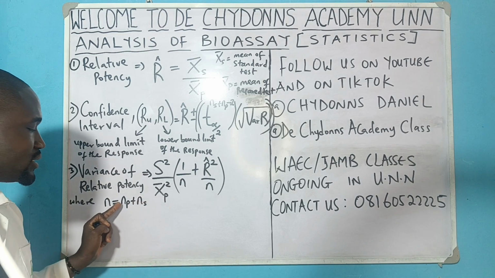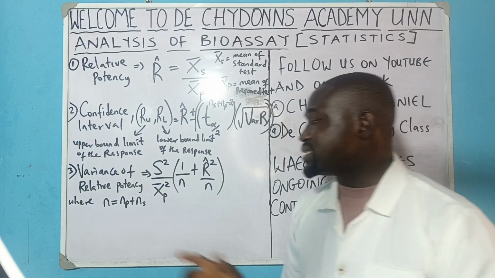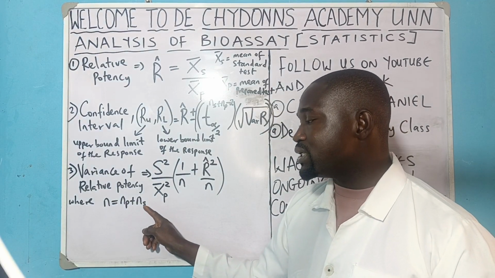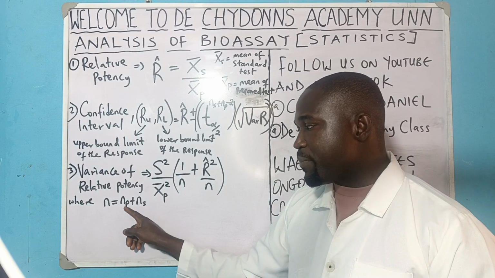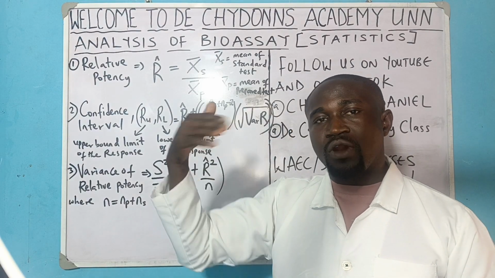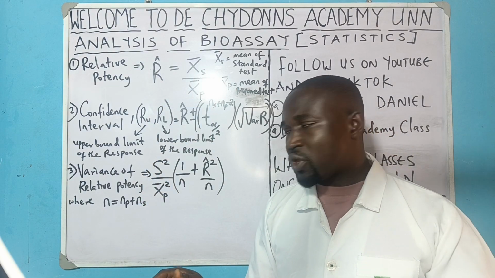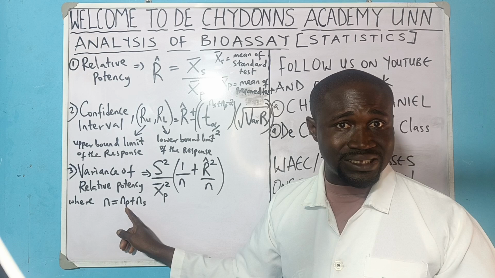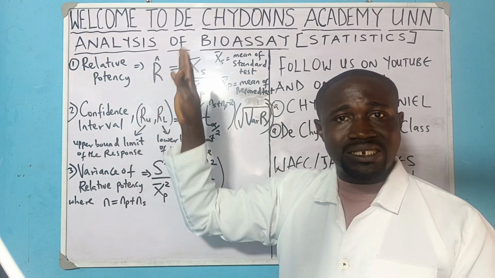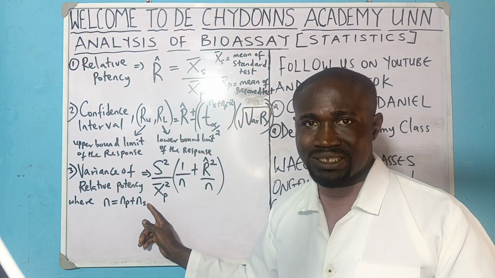When you add the sample size of the prepared test with the sample size of the standard. You see, that prepared test is that extract I talk about. The standard is already existing one we know. I use a leaf to talk about the extract of a leaf is called prepared test. Then the standard, the manufacturer's own, the already existing one, is the standard.